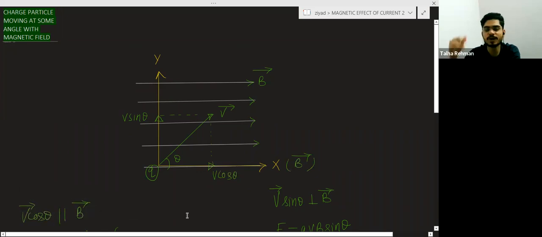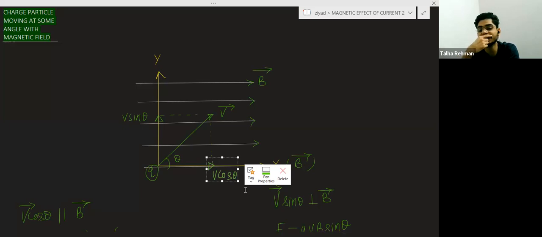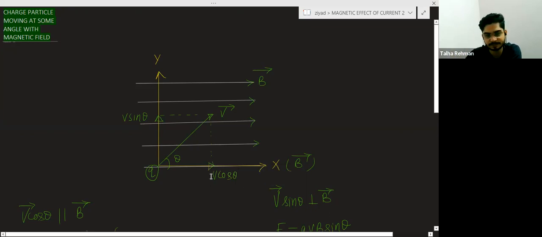So remember the point when your charged particle is moving along the magnetic field. This v cos theta represents that if the charged particle is moving along the direction of the magnetic field, or parallel to it, then there will be no force on the charged particle.